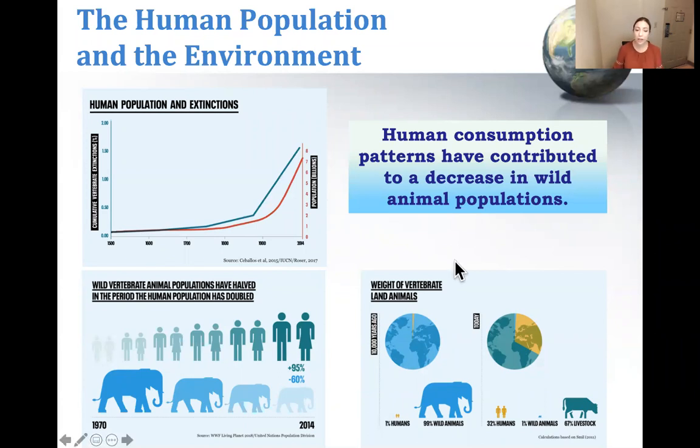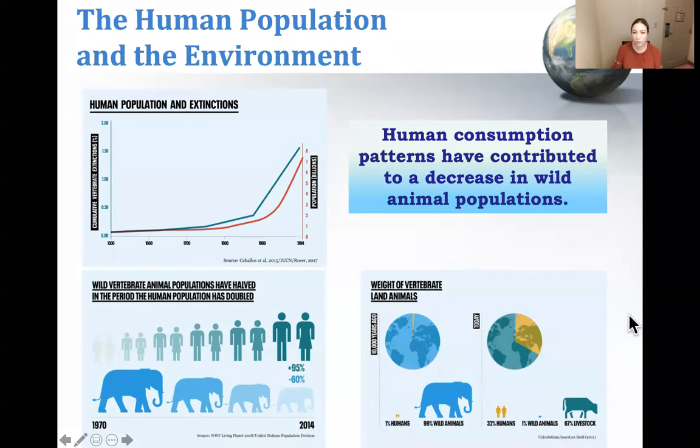And then finally, on the bottom right, weight of vertebrate land animals. So all this is showing you is that 10,000 years ago, only 1% of living organisms on land were humans, 98% wild animals.